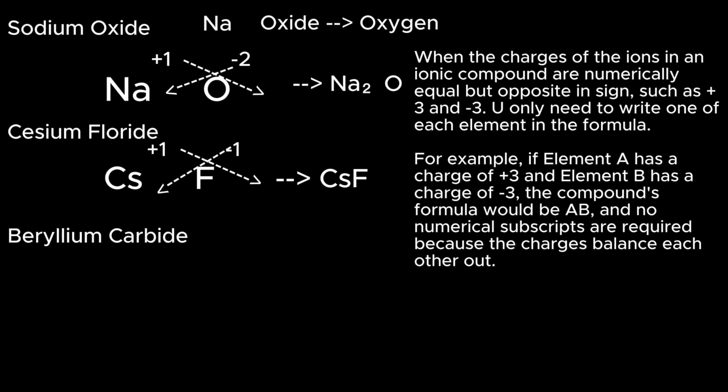Because in an ionic compound, your negative charge and your positive charge have to balance each other out. If they're numerically equal but opposite in sign, then it makes sense that you only need one of each element to balance each other out.